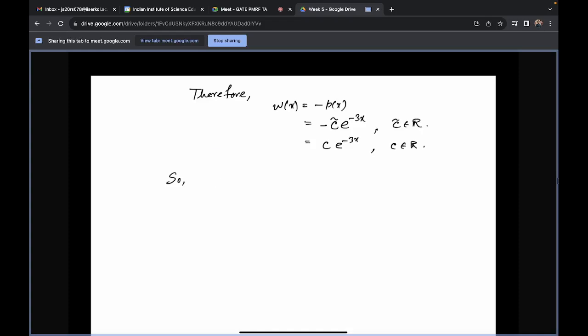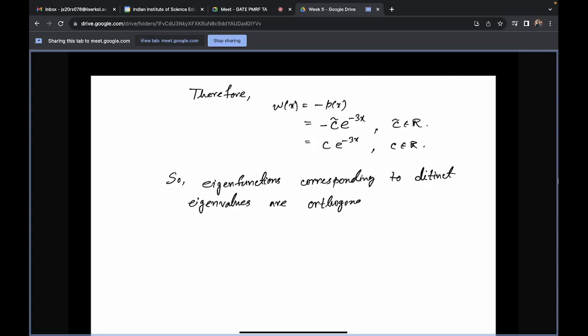Eigenfunctions corresponding to two distinct eigenvalues are orthogonal with respect to the weight function, because the constant we can always ignore, multiplying by a constant does not matter.